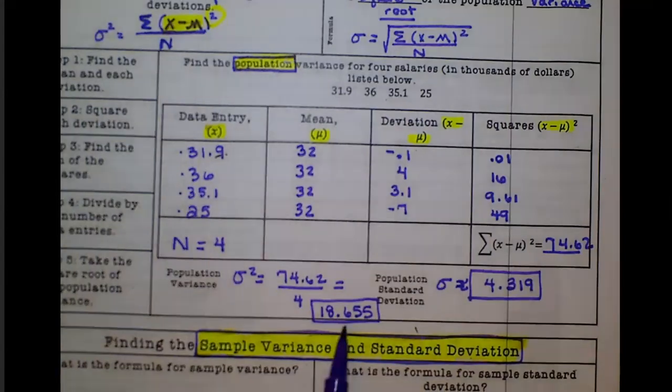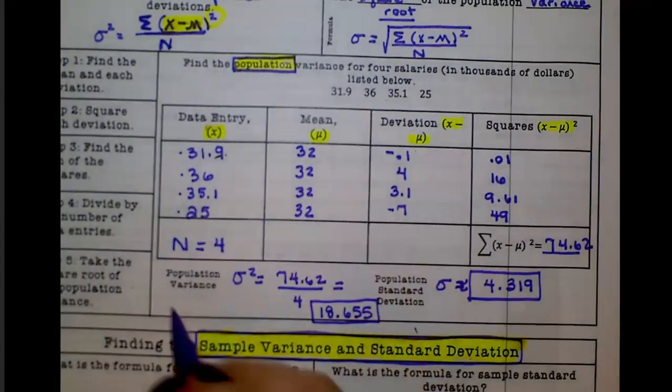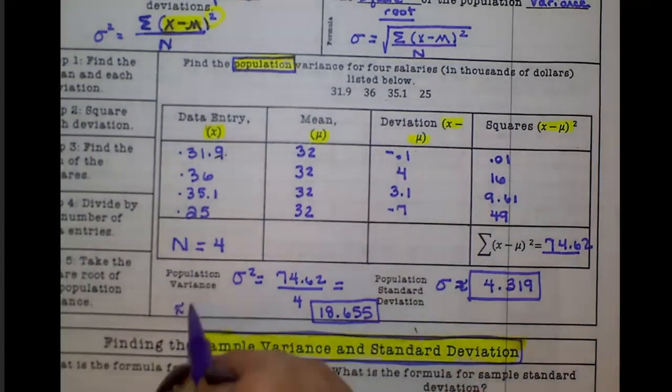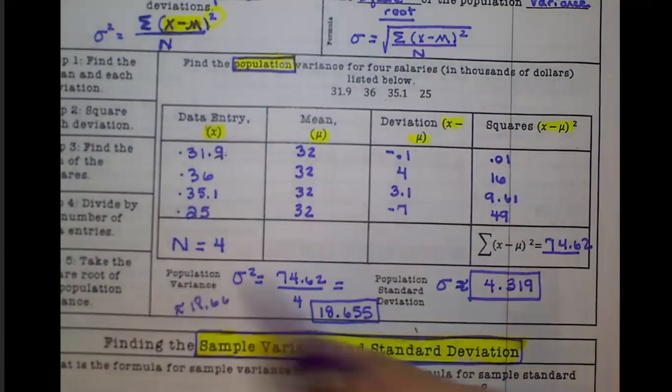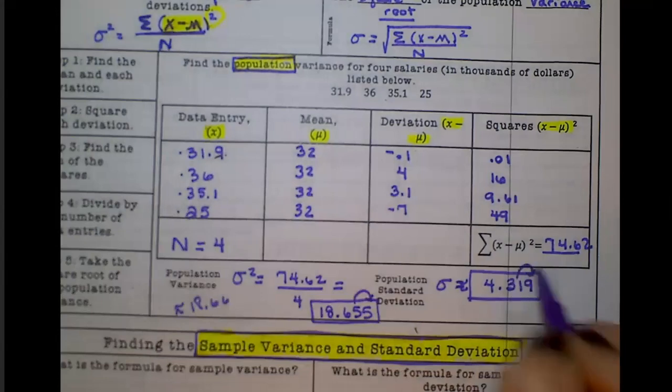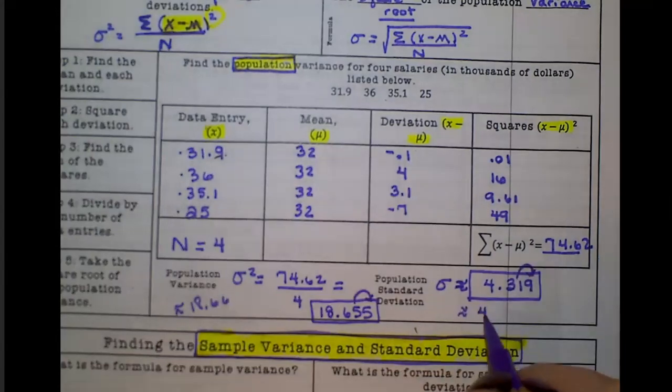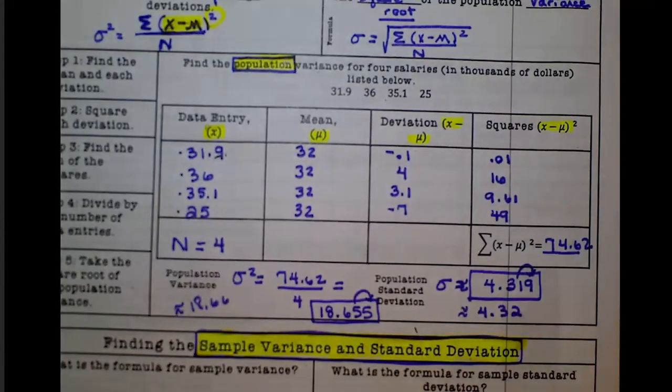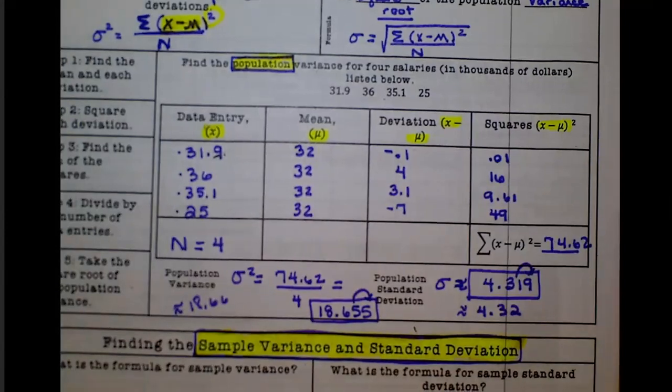So if the computer program wanted you to round this one to 2 places, then it would be approximately 18.66, okay? So be very, very careful. If it wanted you to round to 2 places here, it would be approximately 0.432. So pay attention to whether it bumps up or not. Okay, that's how you do population.